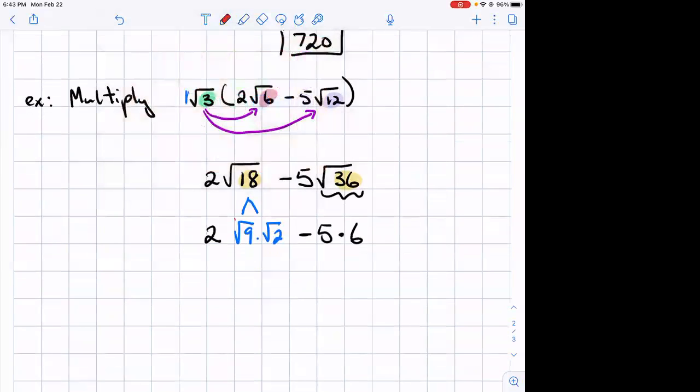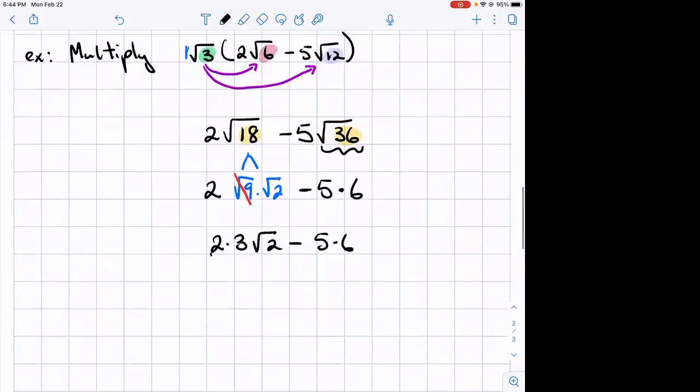So we now have 2 times 3 root 2 minus 5 times 6. And 2 times 3 is 6 root 2, and 5 times 6 is 30. And here is our simplified answer.